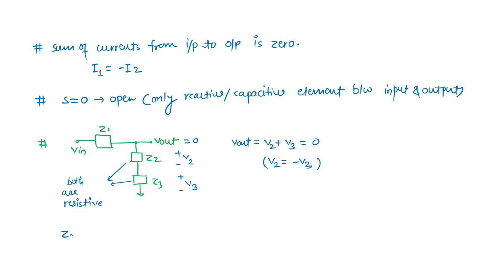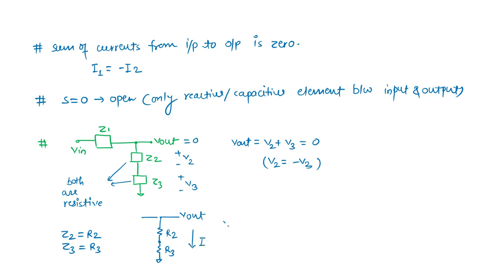Let's say Z2 is nothing but R2 for the time being and Z3 is nothing but R3. So if some sort of current is flowing through these elements, I call this R3, this R2, and this is my output.